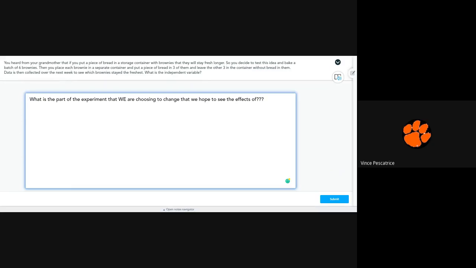What part of the experiment are we choosing to change? What are we testing? What are we choosing? That's the independent variable, the thing that will not change as the experiment goes on.